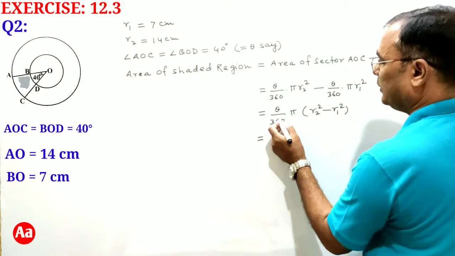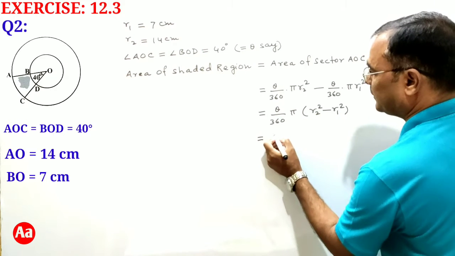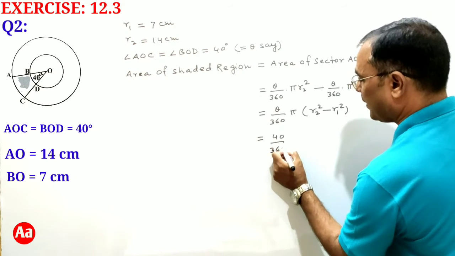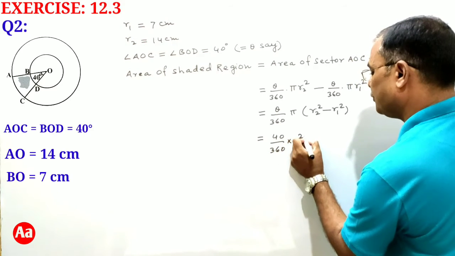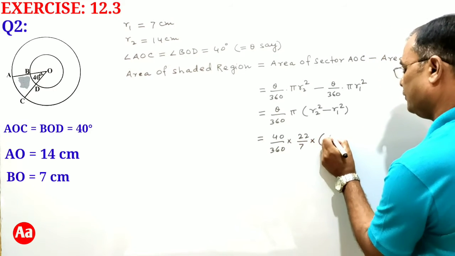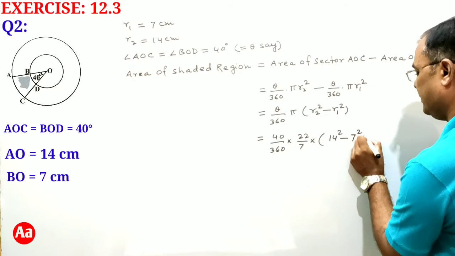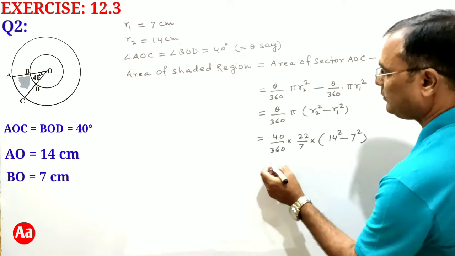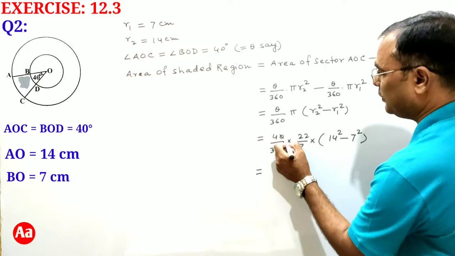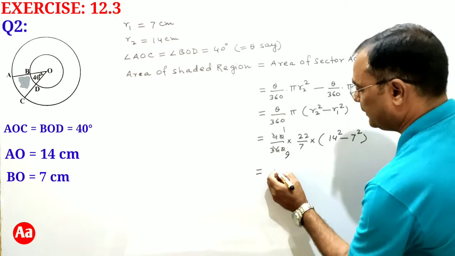Now let's put the values of theta, pi, R1, R2 in this expression. So 40 by 360 into 22 by 7 into 14 square minus 7 square. 40 by 360 will cancel, we'll get 1 by 9.